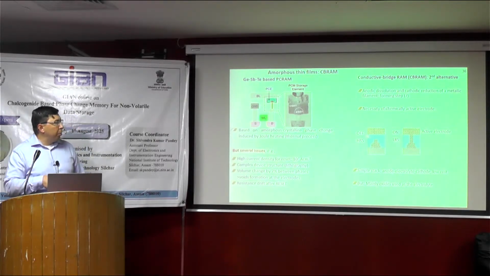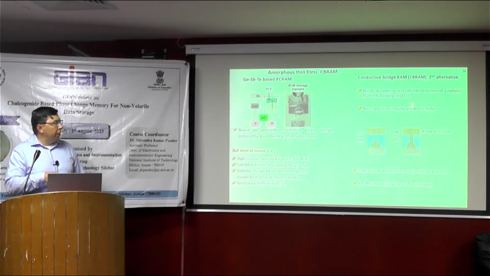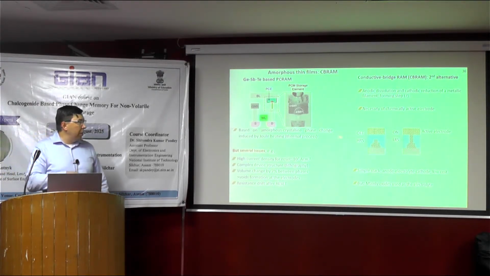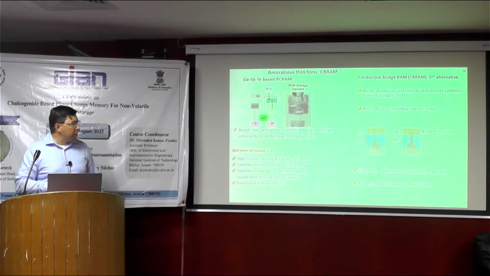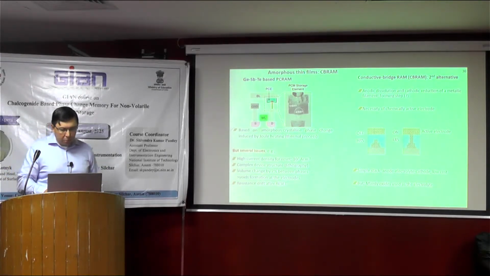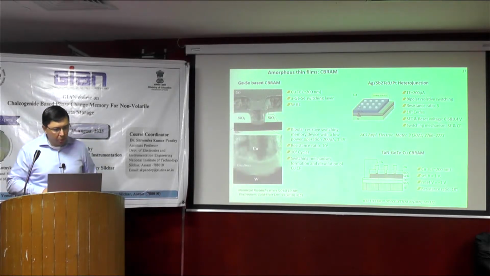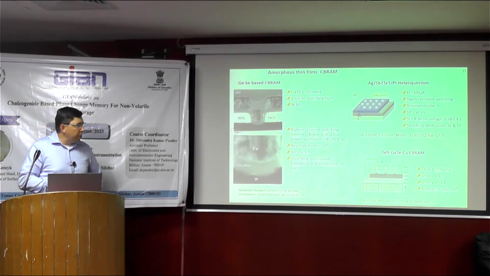So just as a recap, how does it work? If we have an active electrode, we first form the filament, and then by forming and destroying the filament, we can get the low resistance state or high resistance state. This is a very simple structure, and it can be realized in many laboratories. There are also some prototypes, some devices made of such CBRAMs.